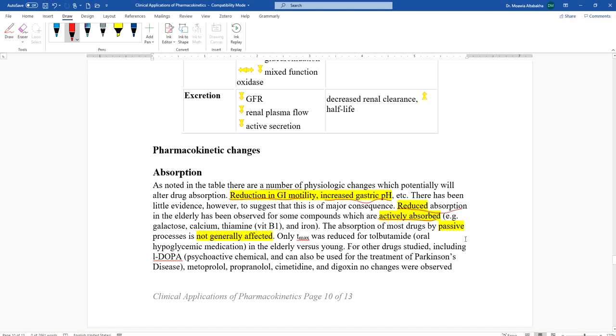For most of these passive absorbed drugs, they are generally not affected, with certain exceptions. For example, tolbutamide, which is given for type 2 diabetes, بنلاقي انه هناك there is reduction في التي ماكس، كأنه في هناك absorption faster.